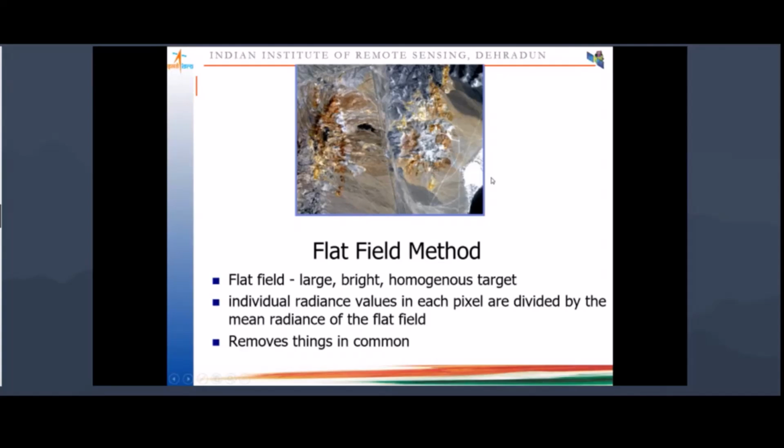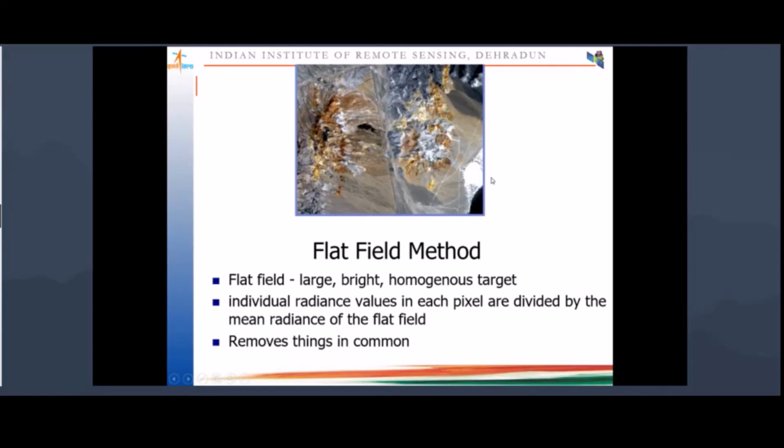Now these two different images might have different solar illuminations, might have different haziness because they have been captured at two different points of time, or they might have gone through some changes in the features also.